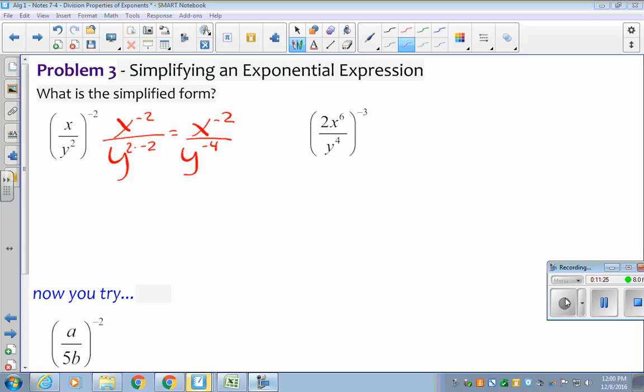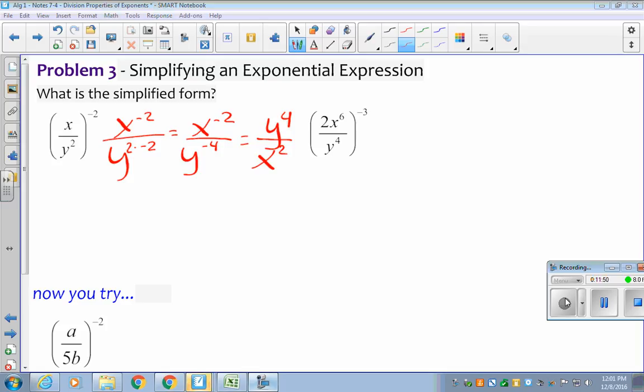It is not okay to leave the exponent negative. I'm going to have to bump the y to the negative 4 up and the x to the negative 2 down. So essentially, I just switch my x and my y because they were both negative. Now they're both positive.